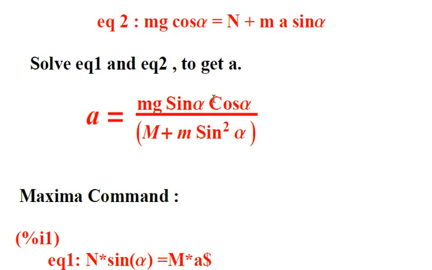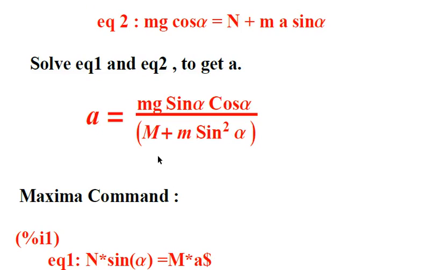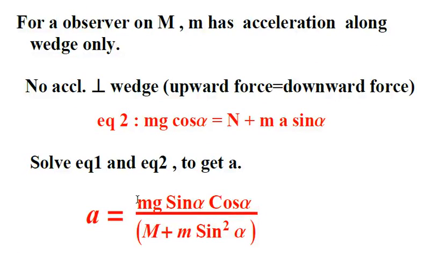Now there are important points to be discussed here. If you see acceleration A, this acceleration A depends on the mass of this block also, capital M also, and we can find out the value of N also.